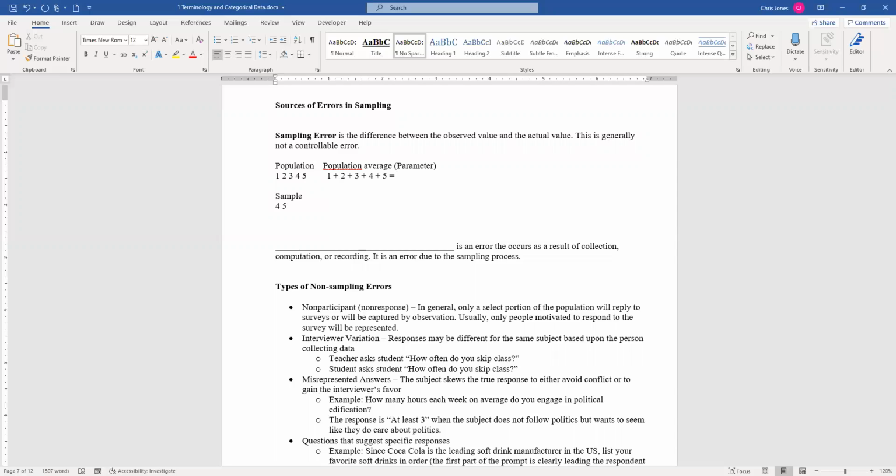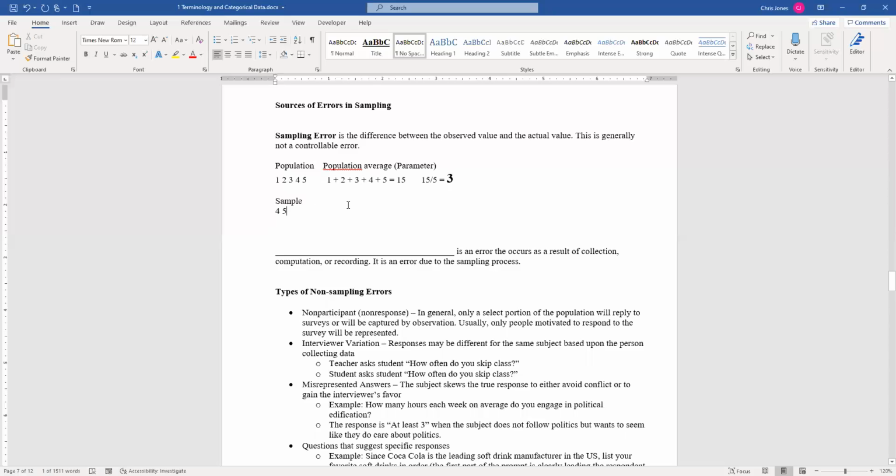And we know that the sum is going to end up being 15. And then the average is going to be 15 divided by 5, which is 3. So this is the actual average, the population average, which is 3. I'm going to make it bold, really big, so there's no discrepancy.